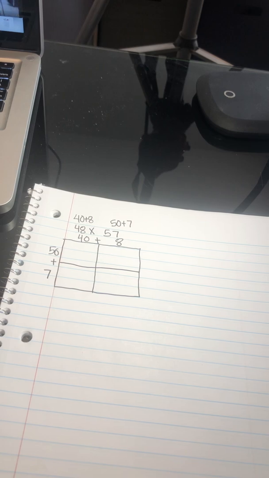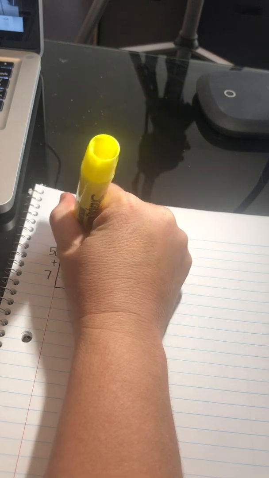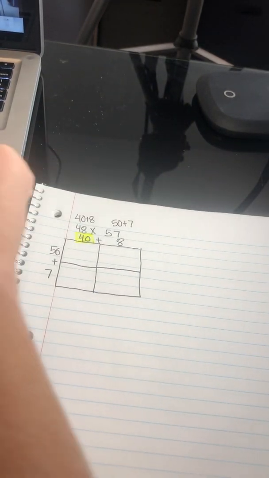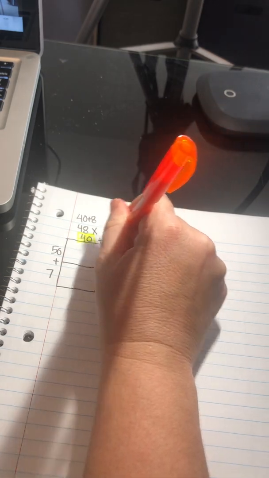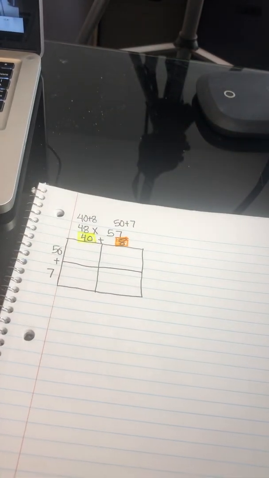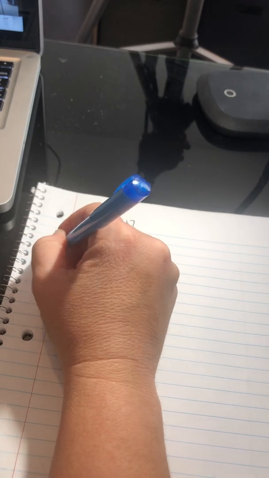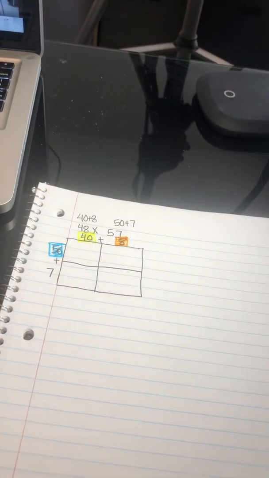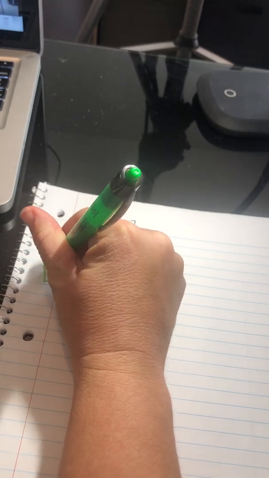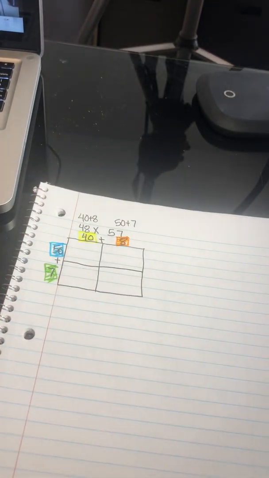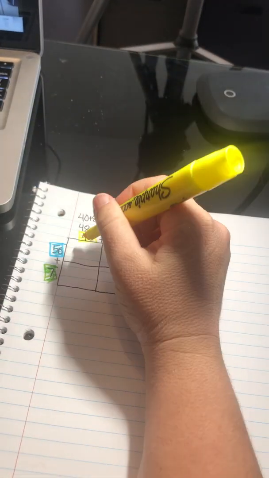Alright, now use the colors again just to help us visualize. I'm going to draw my line, my colors down.